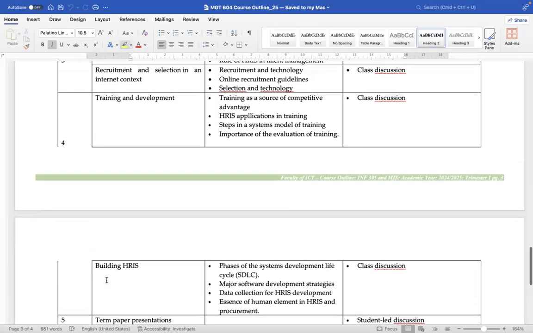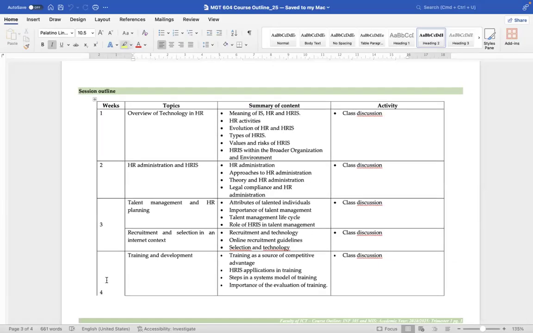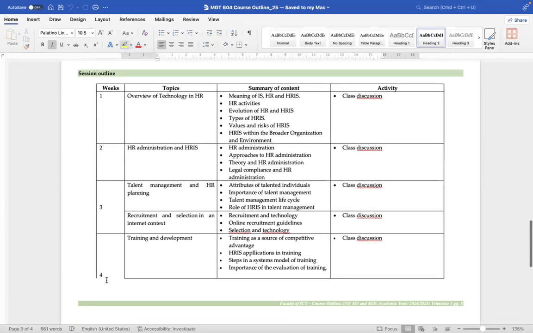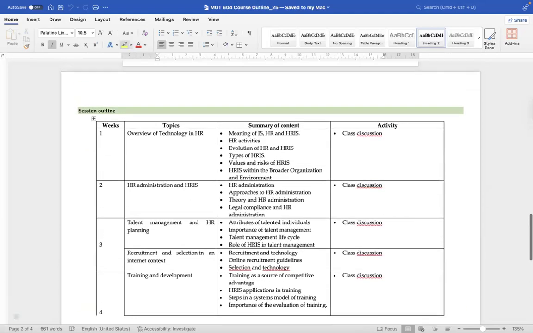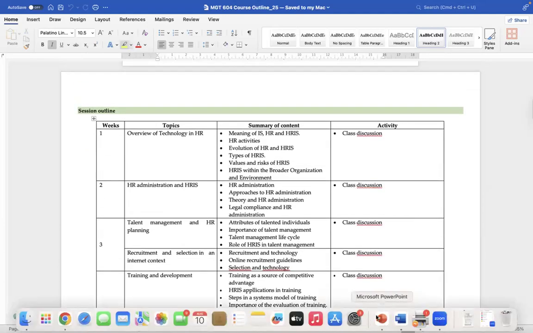So basically, this is what we'll be doing for the next 5 weeks, God willing. And then we'll start with today's lecture that gives us an overview of technology in HR.